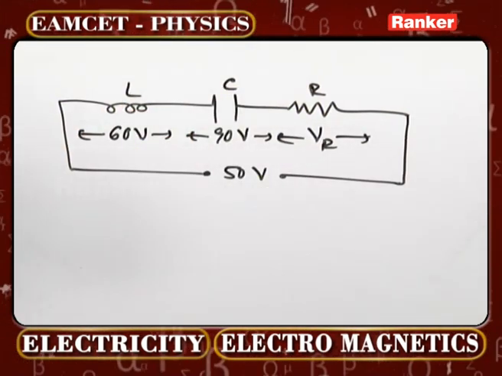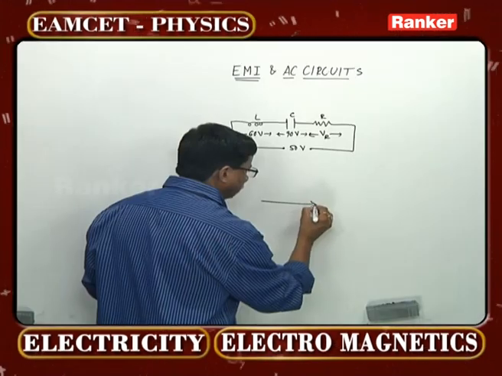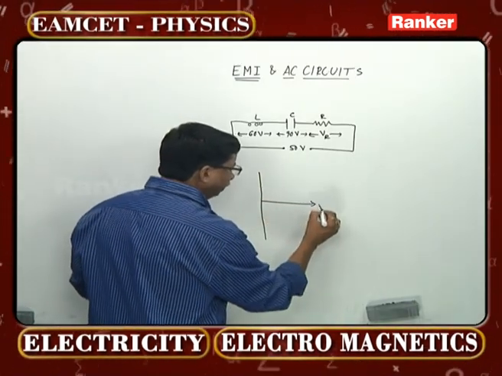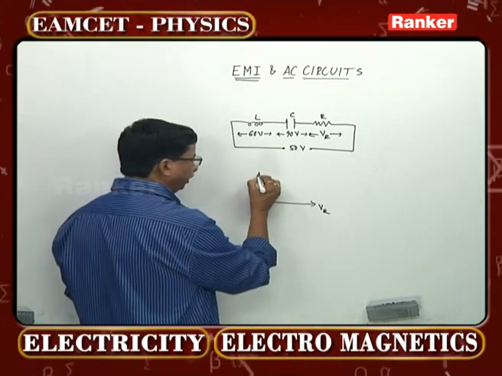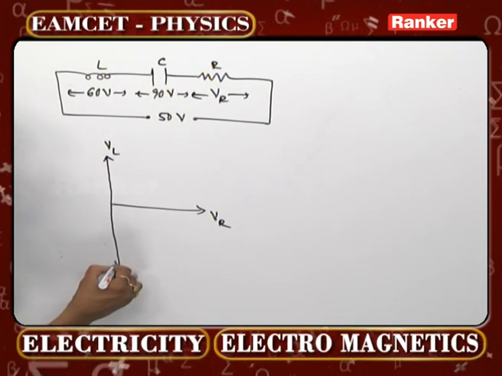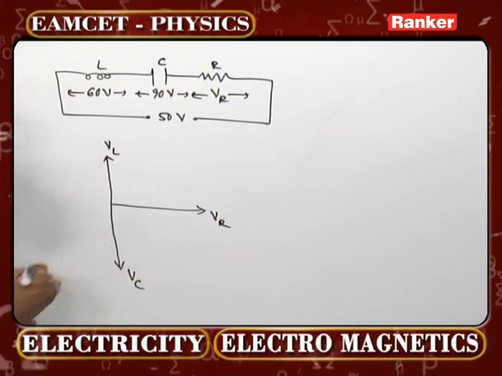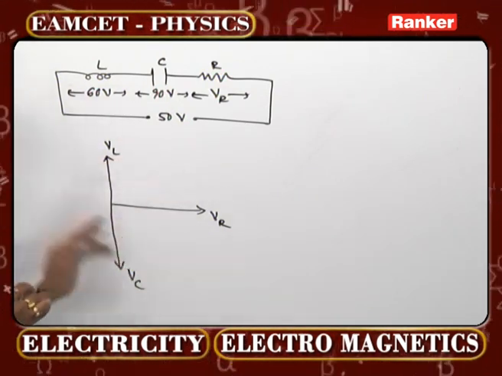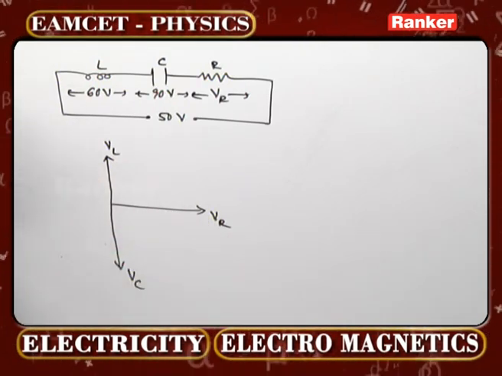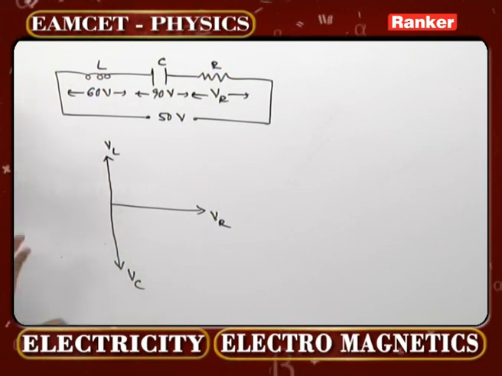But according to the phasor diagram, we can directly take these concepts. Look, this is the direction of VR if I take, this will be the direction of VL and this will be the direction of VC. Remember this order carefully: always along the horizontal direction VR, upwards VL and downwards VC we take.